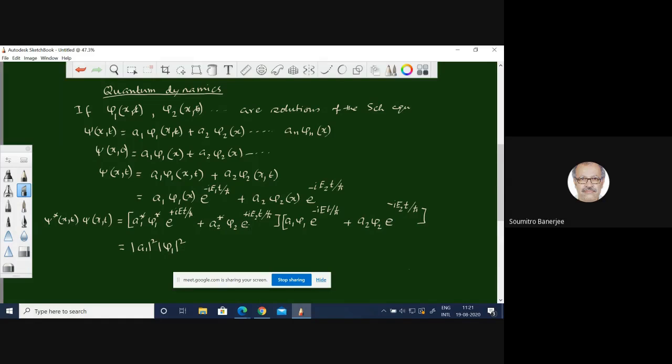And when this one is multiplied with that, you get |A2|² |ψ2|². Then the cross terms actually remain. And the cross terms will give, I can see that, A1* A2 ψ1* ψ2 e to the power E1 here, E2 here.